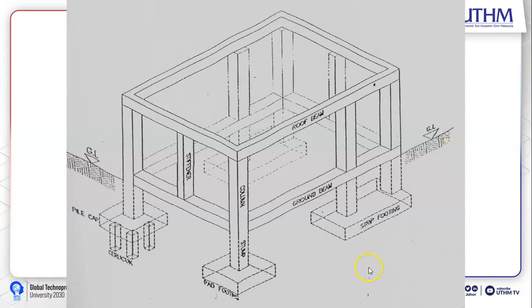For example, we can see here the pad footing, strip footing. Sometimes we have the pile cap with the piles here. And then we have the main elements of structure: the stump, column, ground beam, roof beam, and also some of the stiffener.